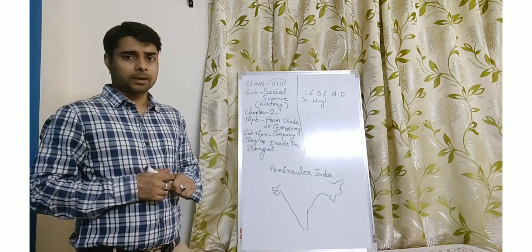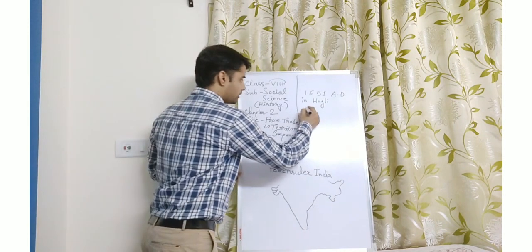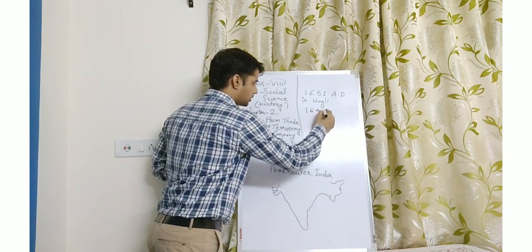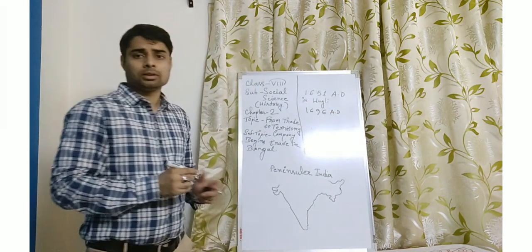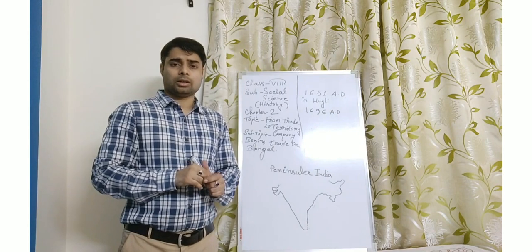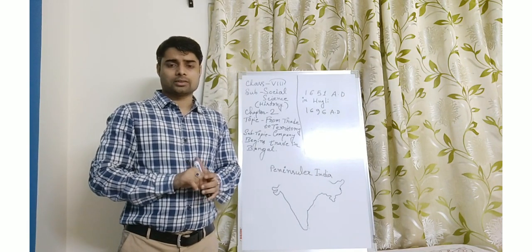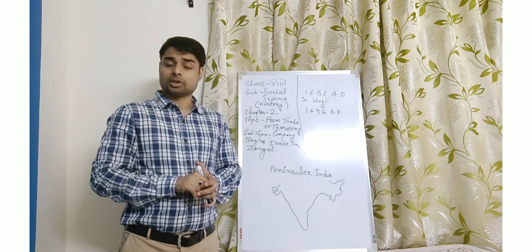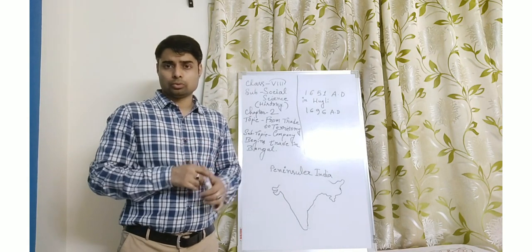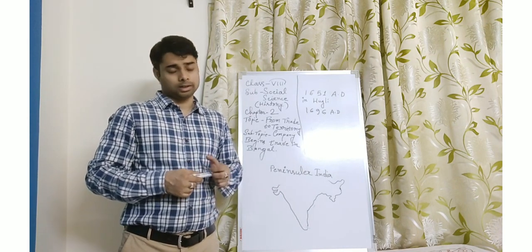That's why in 1696 AD they bribed the Mughal officials and somehow managed the zamindari of 3 villages: Govindapur, Sutanuti and Kalikata.